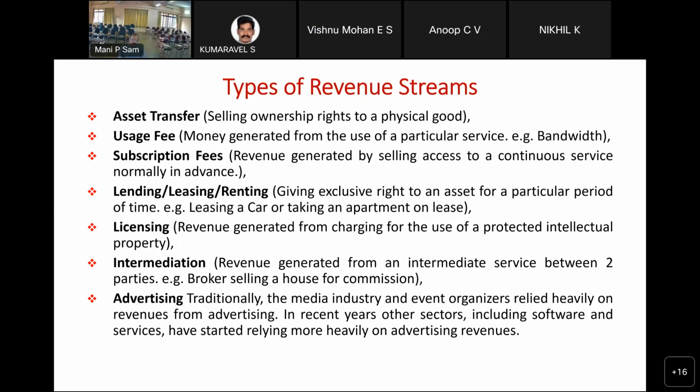And the last but not least is advertising. Who is advertising? Where is the advertisement? All those things have become highly transformed these days because you have almost everybody having some revenue stream of advertising.